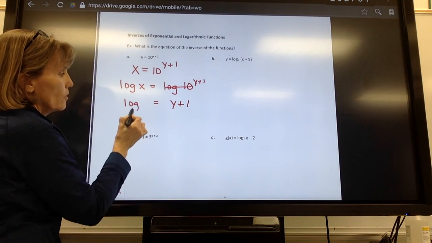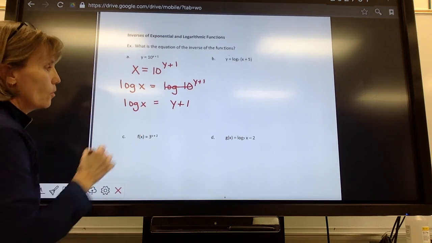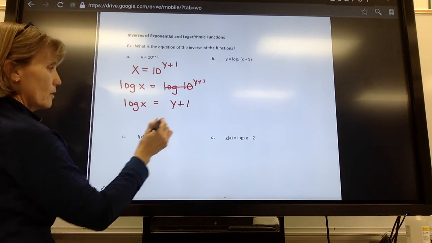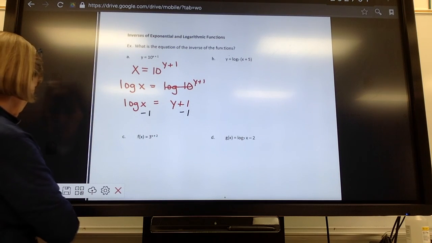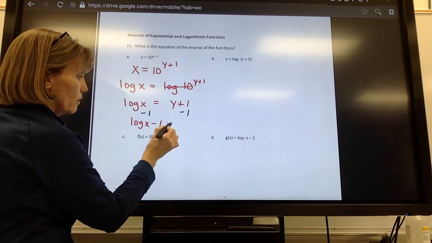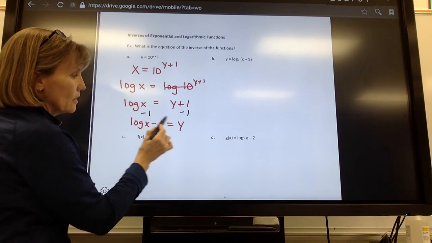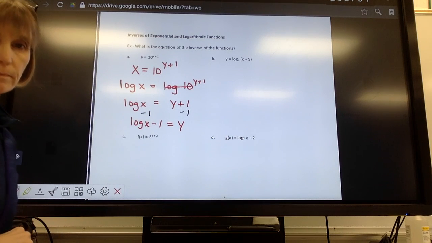Over here, we can't do anything with the log of x. Then I've got to subtract 1 from both sides. So I've got log of x minus 1 equals y.